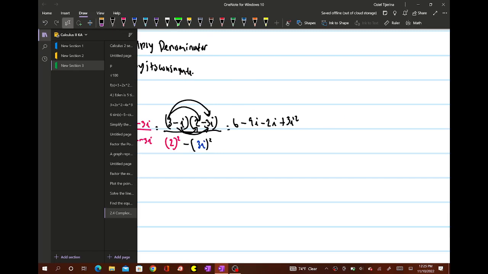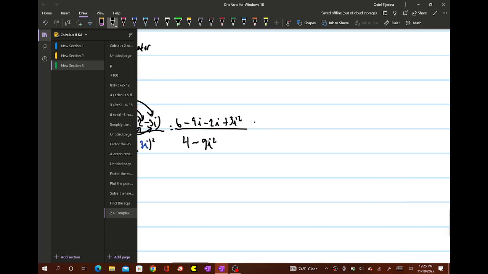Now, you're going to put it over 2 squared is 4, and then 3i quantity squared is 9i squared. So then this becomes 6 minus 11i plus 3 times negative 1 over 4 minus 9 times negative 1, right?